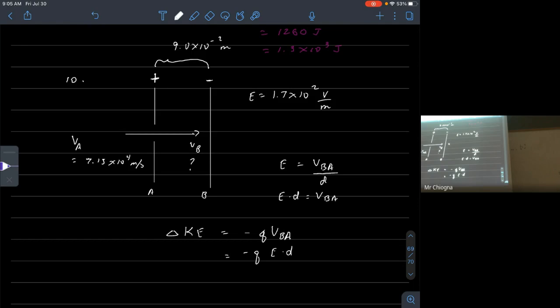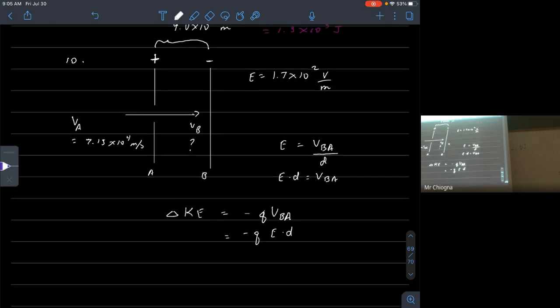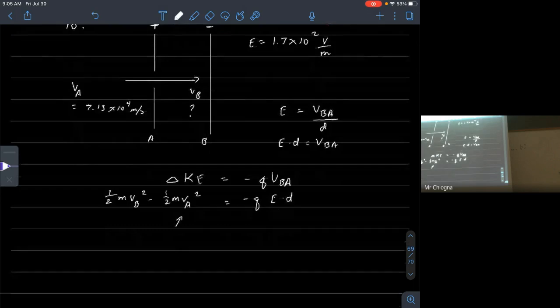Kinetic energy, we can figure out what this final speed is. We have on the left 1/2 m VB squared. This is not zero. Remember, it starts with an initial speed this time.